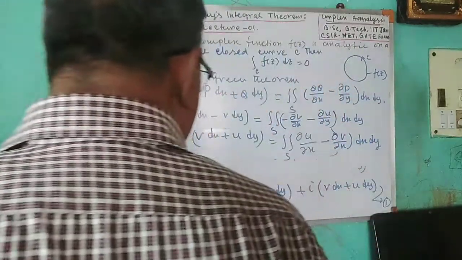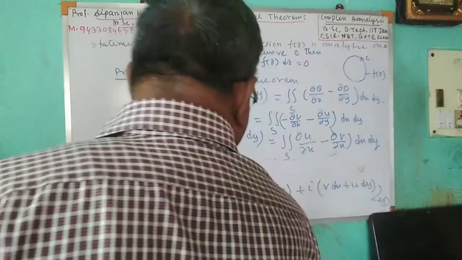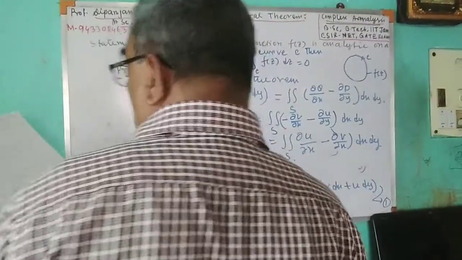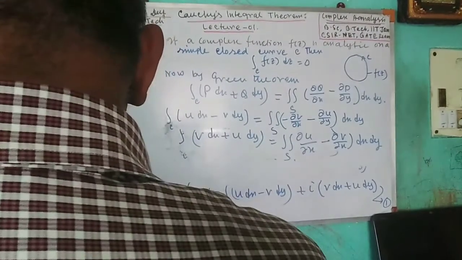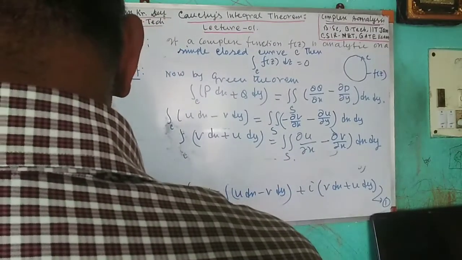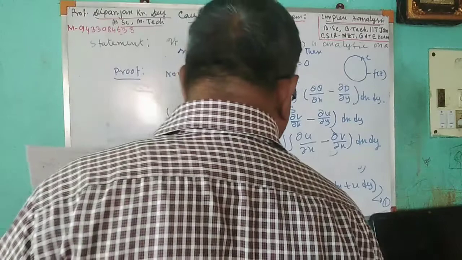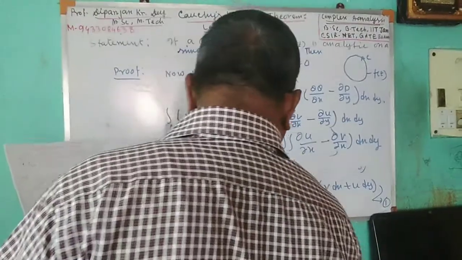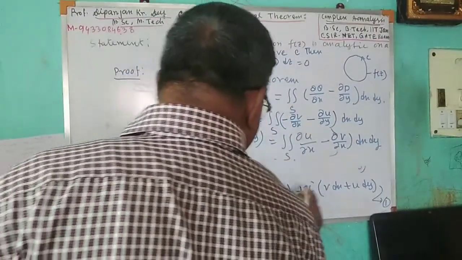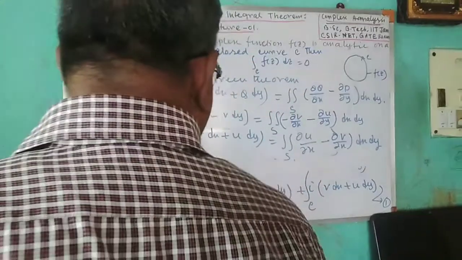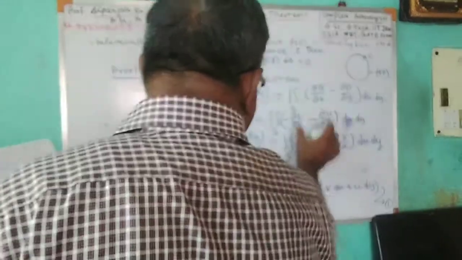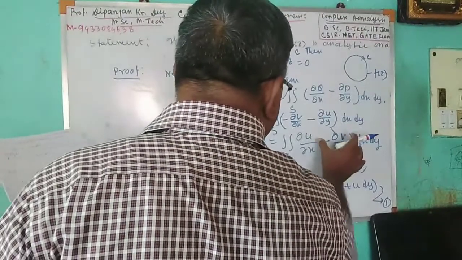Okay, now I am keeping these two values, this value and this value, in equation 1. That means here I can give the integration over C, and here we are taking this as C also. So I am putting this value over here and this value over here.